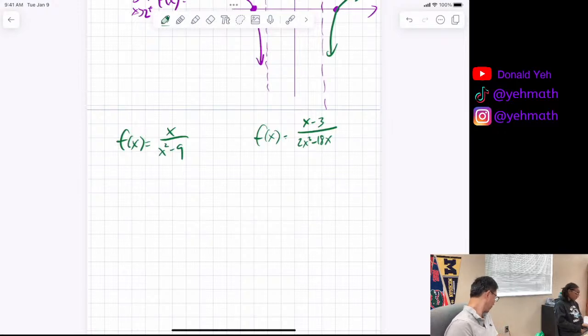So yeah, is it 2x cubed or squared? 2x cubed. The second one? Yeah. Safa, I think your graph is wrong.